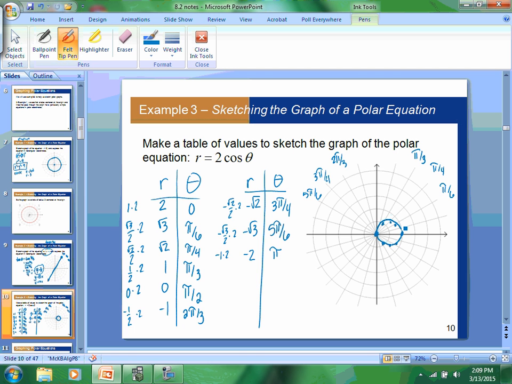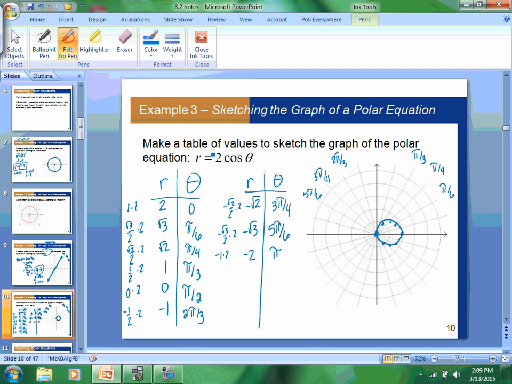Now it maybe looks a little funky just because we're doing this by hand and I'm estimating, so it maybe looks a little bit like an egg or a football, but ideally it's supposed to be a circle. Now this is going to happen anytime you have the sine or the cosine of theta, even if you multiply it by a number.